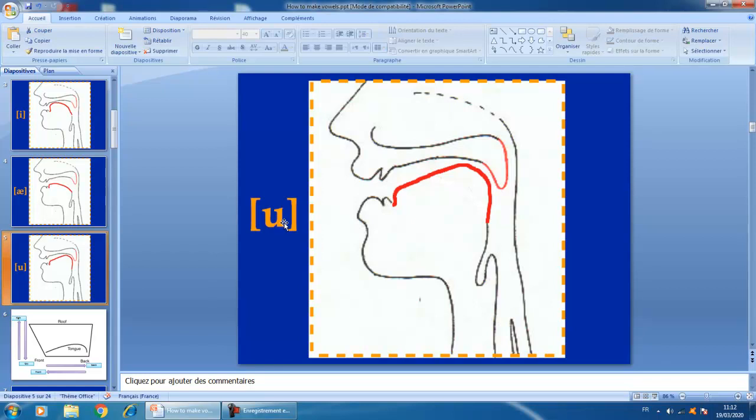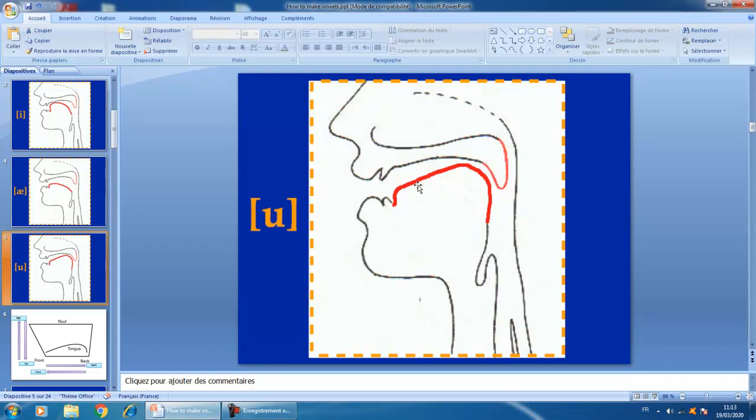To see this clearly, try to produce E and immediately after it produce U. E, U, E, U. So you notice, for the production of U, it's the back of your tongue which is raised. Therefore, there is a difference in terms of two different positions between E and U.